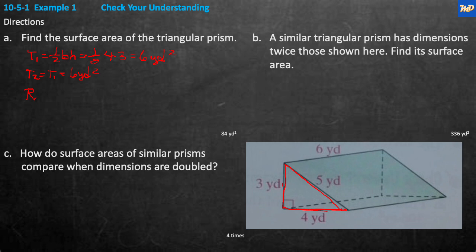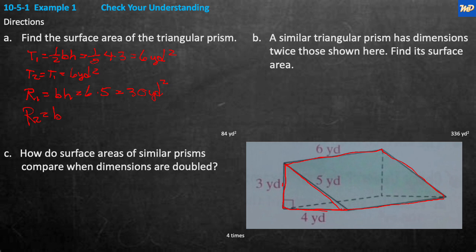Rectangle 1 is going to be this one here that's 6 by 5. Okay, that's this one. Is equal to the base times the height is equal to 6 times 5 is equal to 30. Okay? Again, yards square.